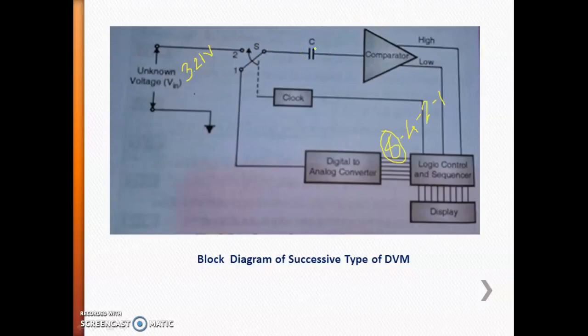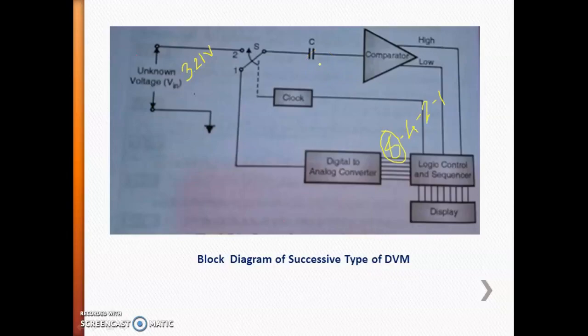Now in this case, there are two conditions. First, when the input voltage is greater than the voltage across the capacitor, in that case current flows into the comparator. And second, if the input voltage is less than the voltage across the capacitor, in that case current flows in the opposite direction.